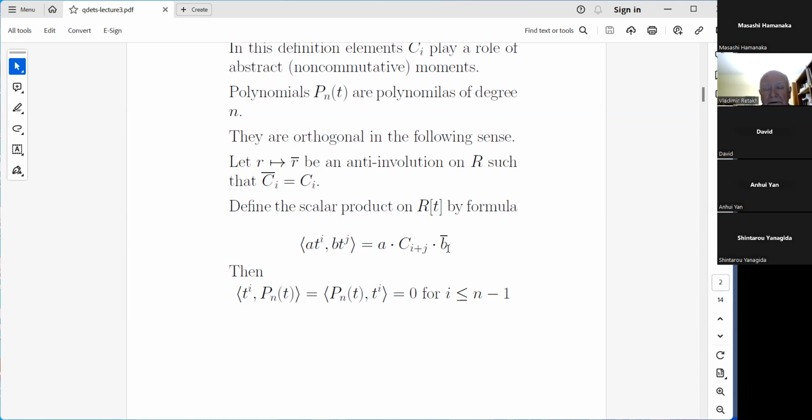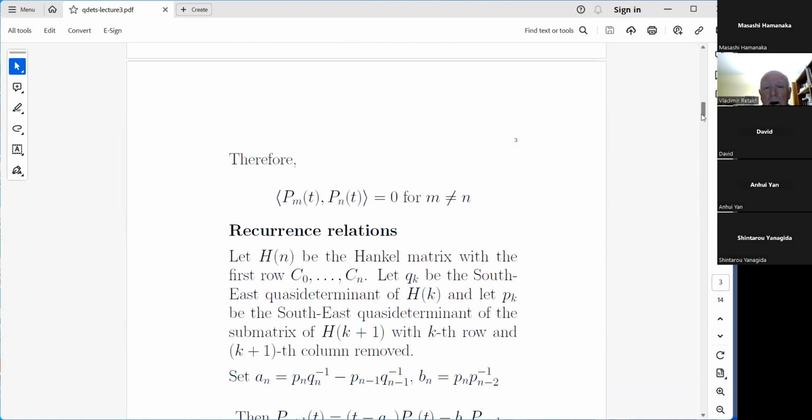From properties of the quasi-determinants, it's easy to see that the product of the nth polynomial with t to the i, if this power is less than n, is 0. From this it follows that the inner product of two polynomials of different degrees is 0. So they are orthogonal.